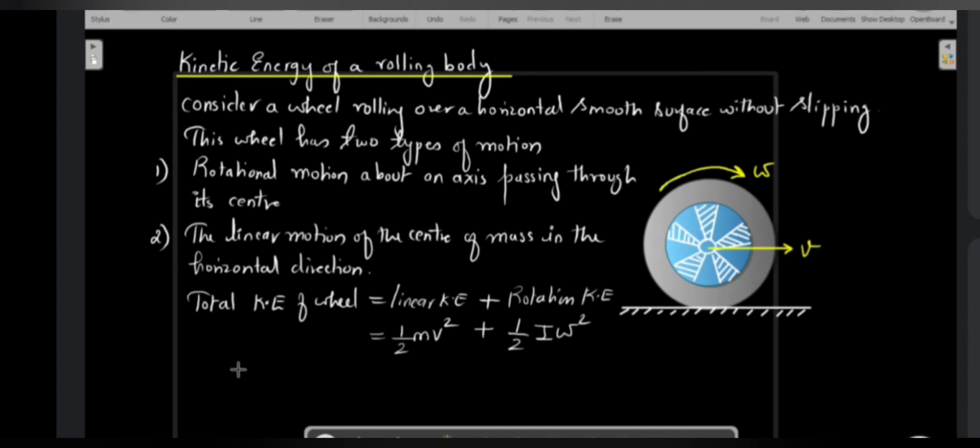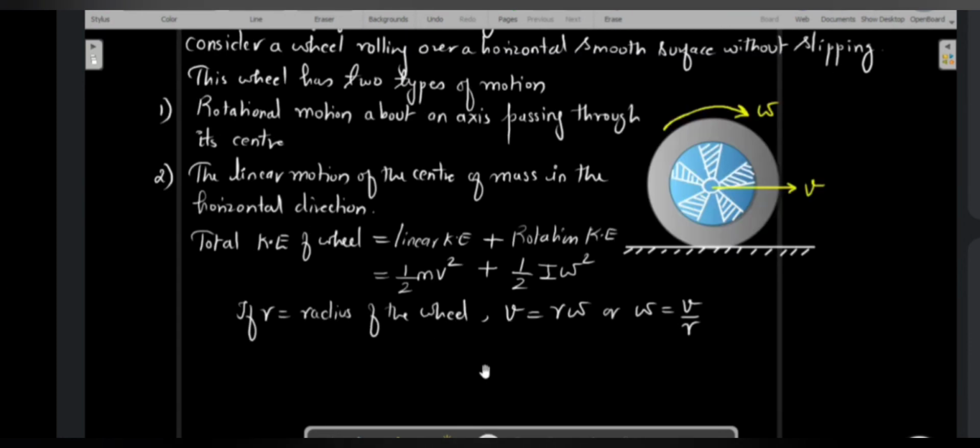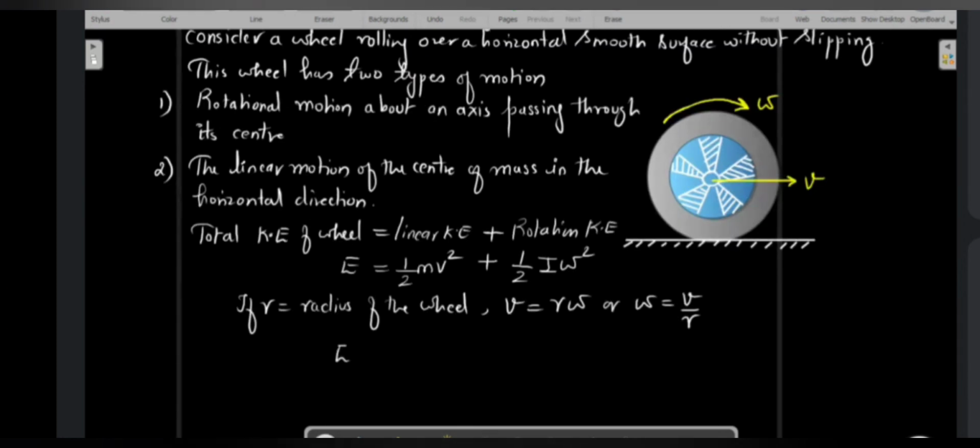So if r is the radius of the wheel over here, then we can say that linear velocity is given by r into omega, or from here we can say omega is v upon r. So this omega, which is equal to v upon r, I will substitute over here. So the total kinetic energy, let us say E, will be equal to half mv square plus half I. Instead of omega, I will put v upon r, so v square upon r square.